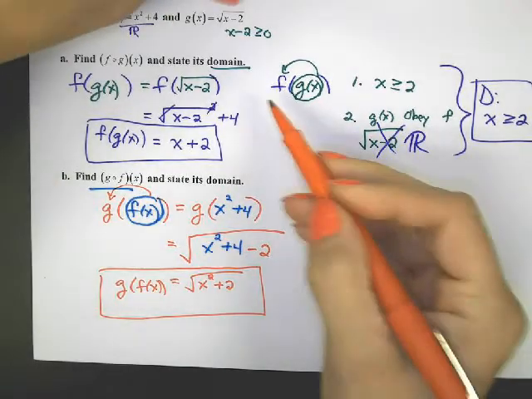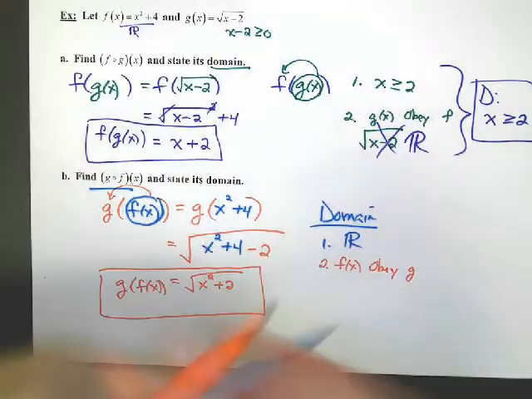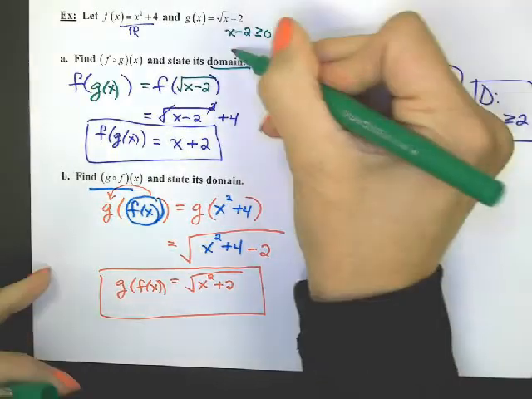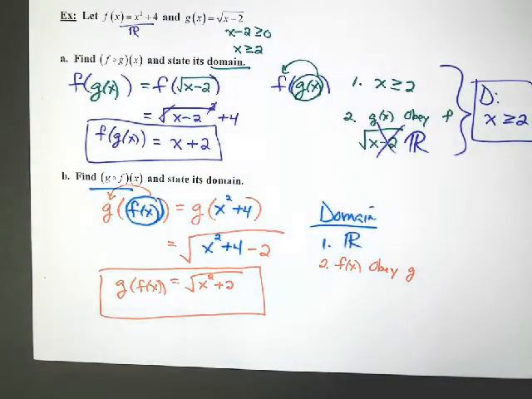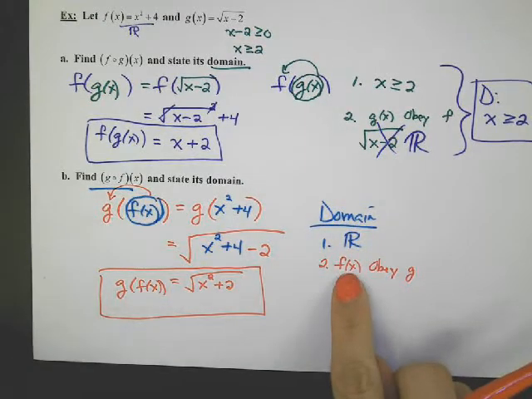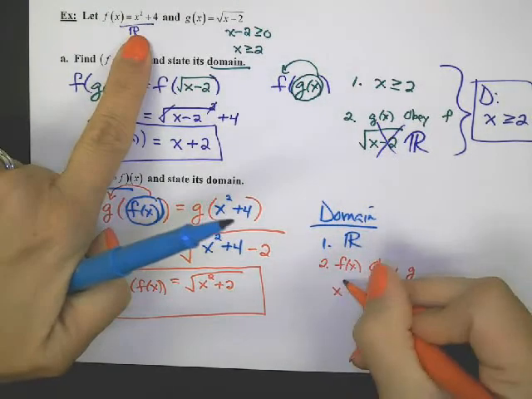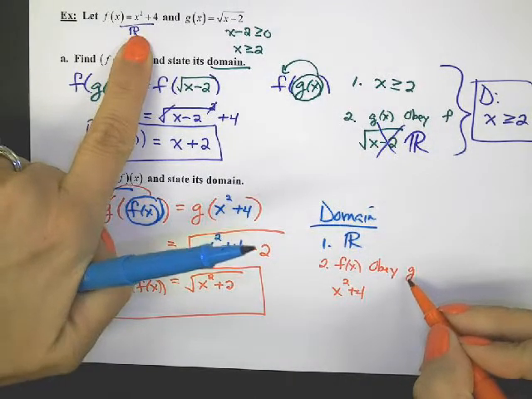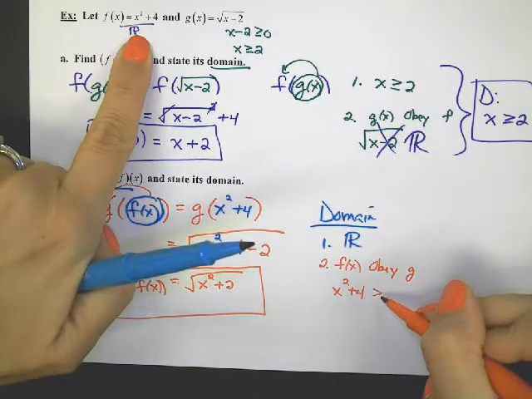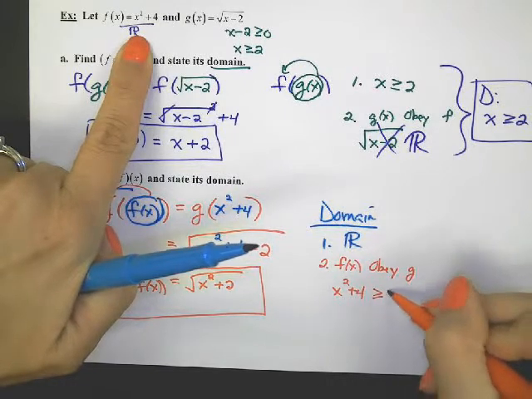Does g have a restriction? Yeah, g has a restriction. It said you have to be greater than or equal to 2. So we're going to have to do a problem here. So let's write down the f function, x squared plus 4. And g says be greater than or equal to 2.